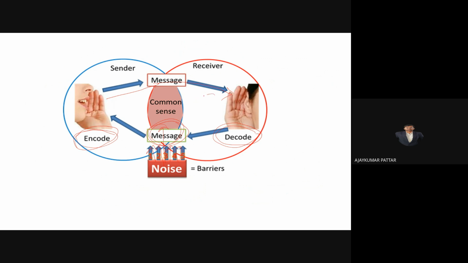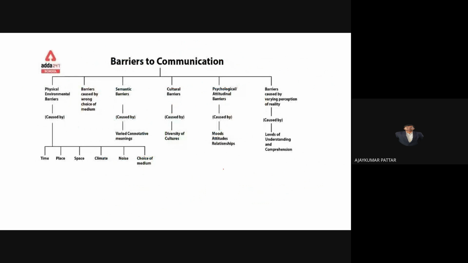The receiver is not properly receiving the message and the sender also has difficulty sending the message because of this noise. Noise is nothing but barriers, disruption that creates a barrier for effective communication. That is the concept of noise and barriers in communication.